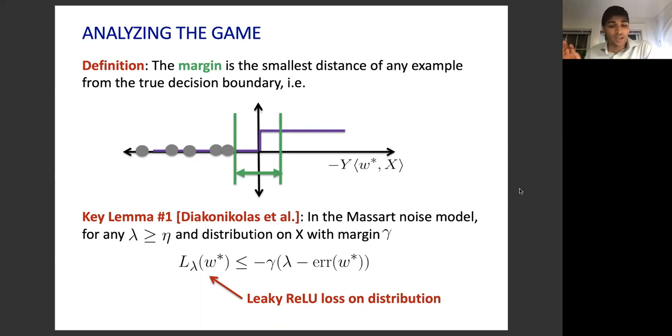The value on the right-hand side depends on the margin and lambda's relationship to the error of that true hypothesis W star. So this says that the true hypothesis W star does very well according to the Leaky ReLU loss because it has negative loss.